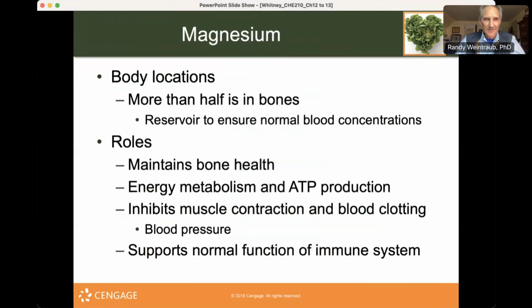Magnesium, again, like a few other minerals we talked about, makes up important parts of our bones. Bones serve as a reservoir for this important mineral, and its roles maintain bone health, important in energy production of ATP. It's involved with muscle contraction, blood clotting, along with vitamin K. Supports normal function of immune systems.